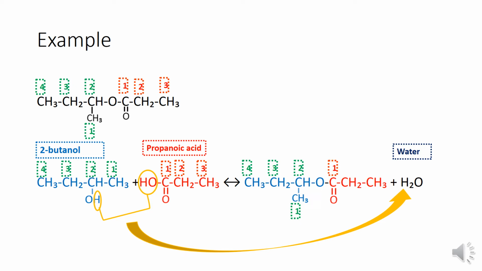Now the second part is the part of the acid, starting with carbon number 1 is the C double bond O, and carbon number 2 and 3. So this part is also called propanoate. So the name of the whole ester is 2-butyl propanoate.